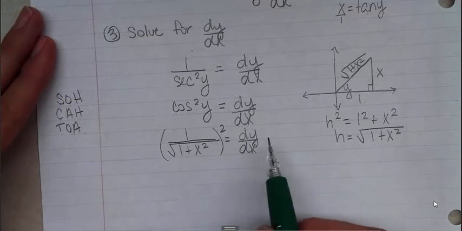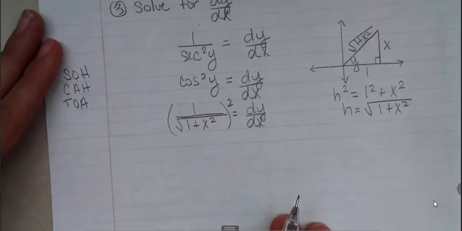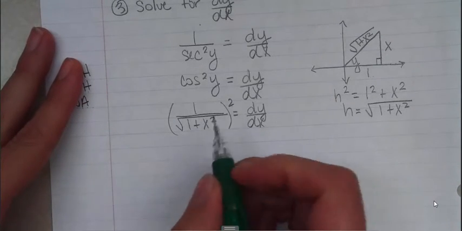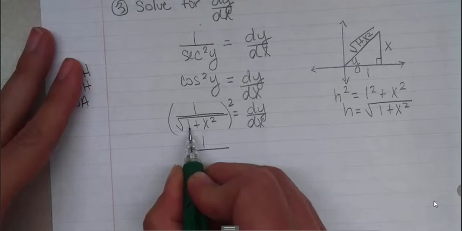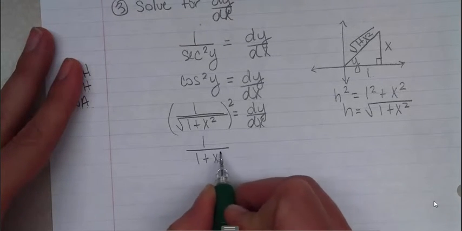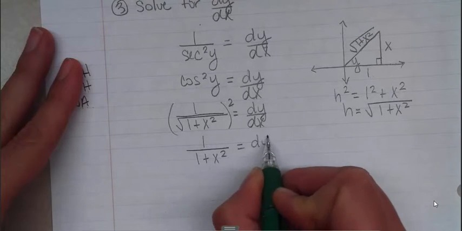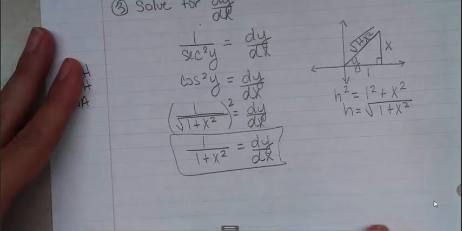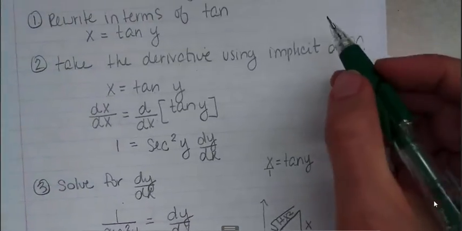So squaring this is going to give me dy over dx. Okay, and then one last step, I can actually square these things. So 1 squared is 1, and the square root of 1 plus x squared, if I square that, I just get 1 plus x squared. And that is the derivative of y with respect to x for the inverse tan.